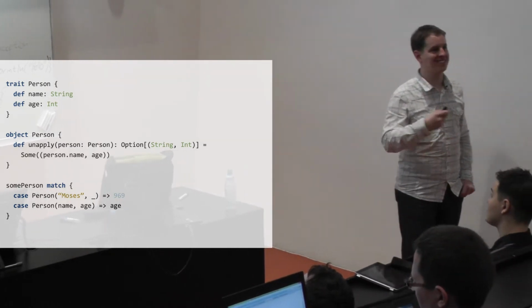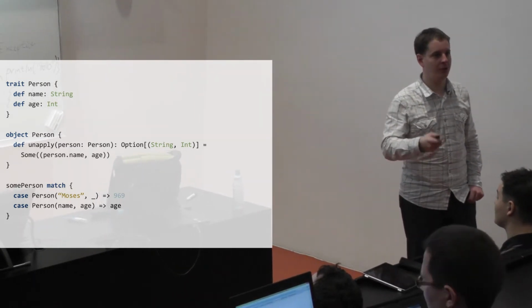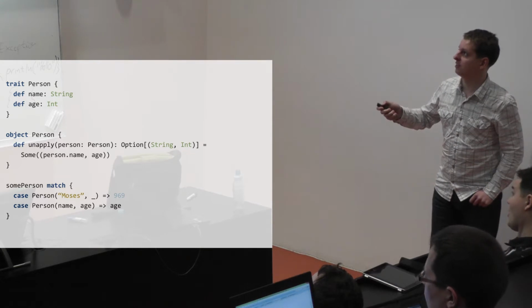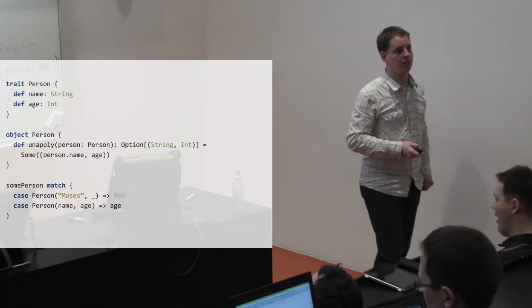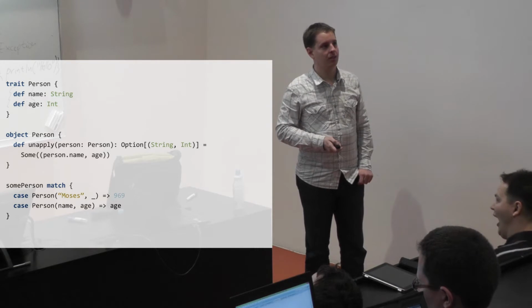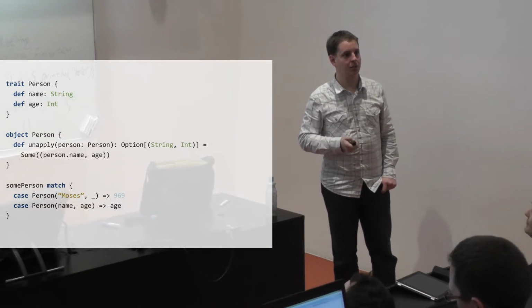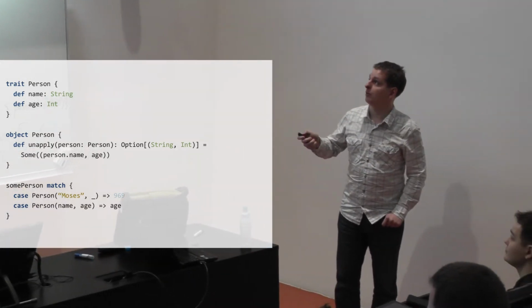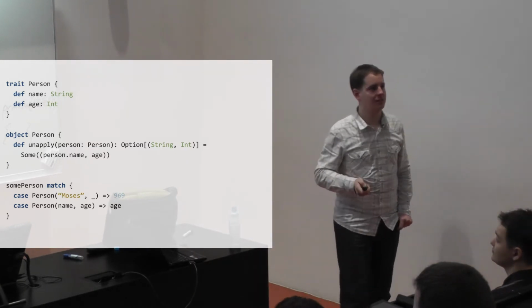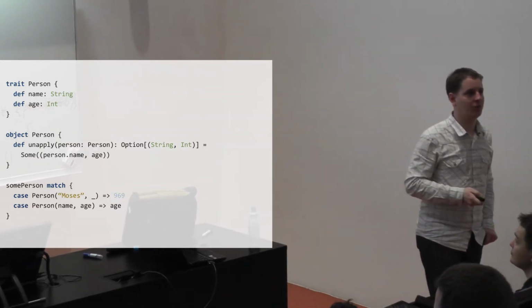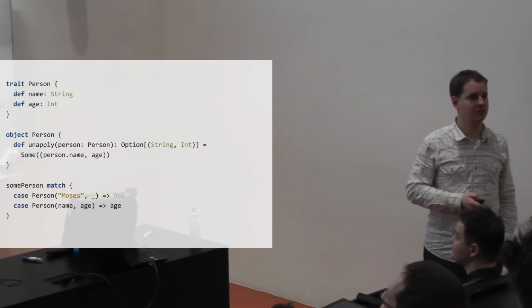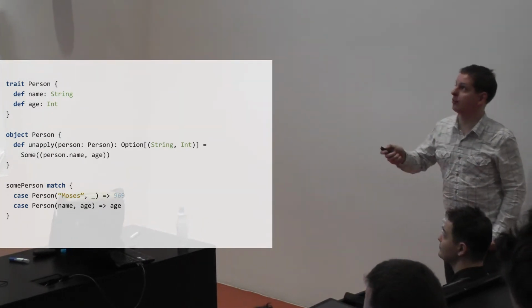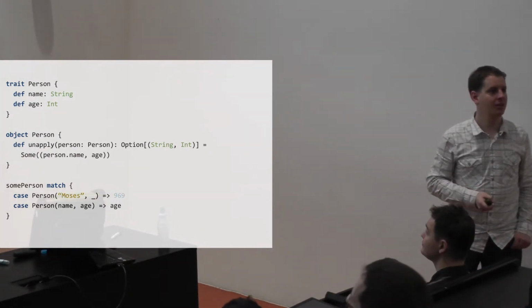And if it returns Some tuple, it will pattern match the tuple with what is inside here. So this is exactly what you have to do if you are matching against a thing that is not a case class. You are free to write your own unapply method.